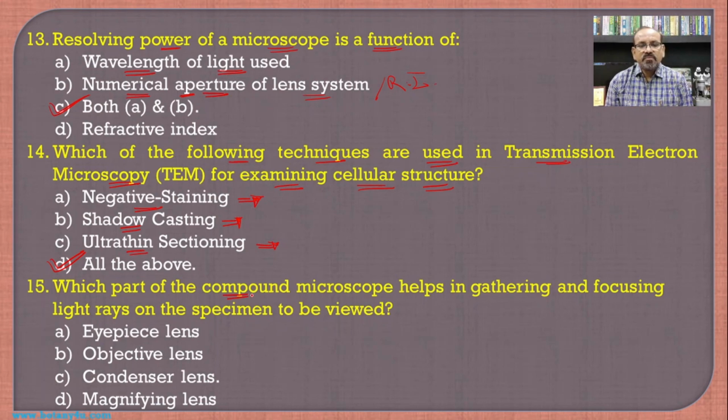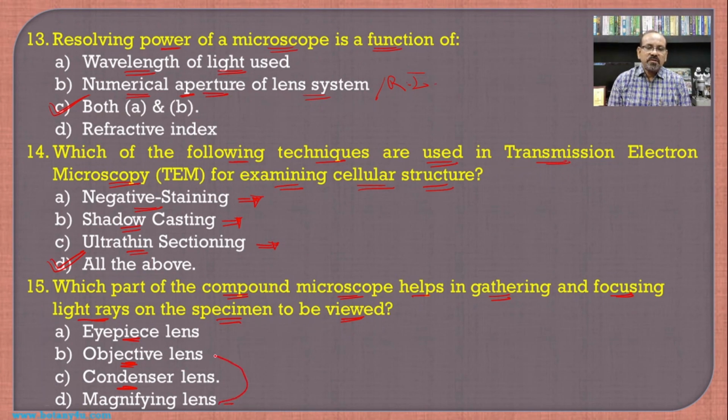Then which part of the compound microscope helps in gathering and focusing light rays on the specimen to be viewed? So if you see the simple compound microscope that everyone has seen, there are the different parts, that is the eyepieces, objective, condenser and magnifying lens.